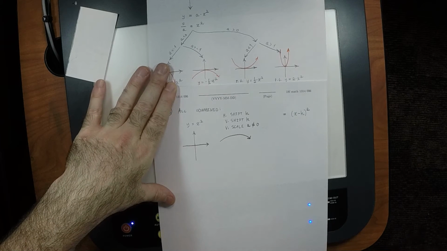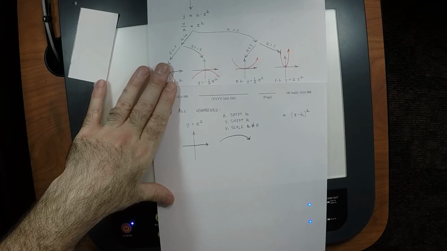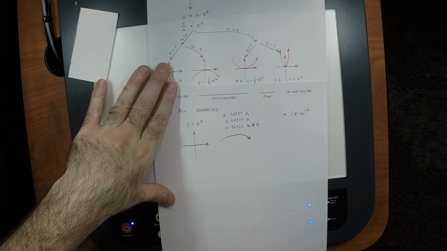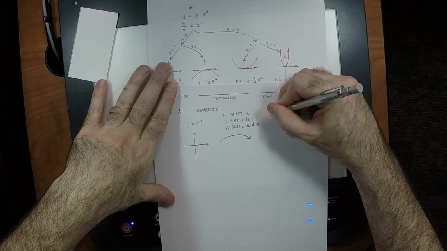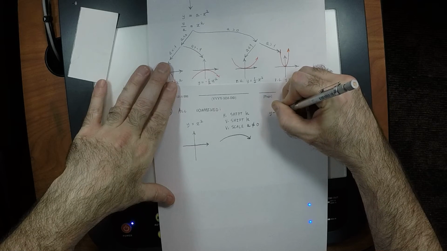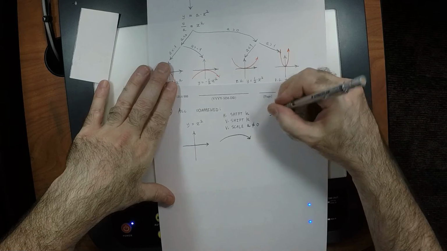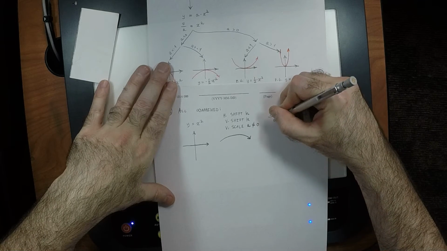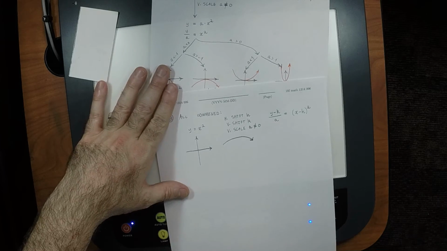What does y become? Well, it'd be y minus k. But we also have to account for the scale, so it's y minus k, and then all of that divided by a. So all of that. Okay.